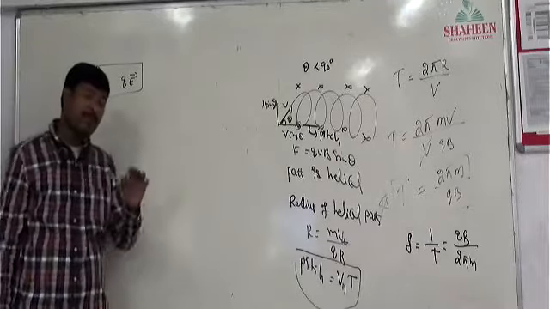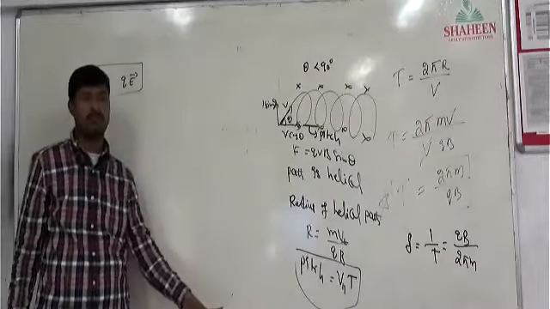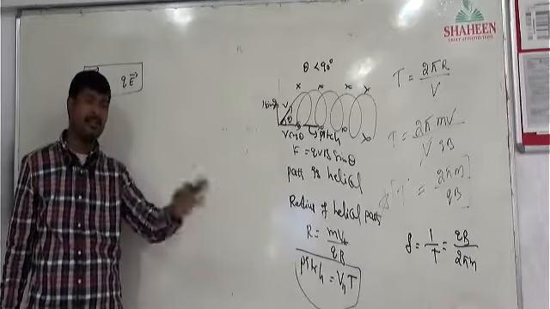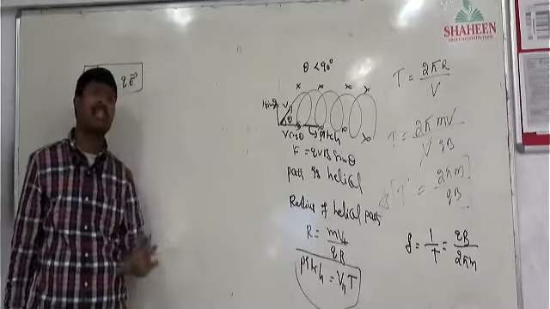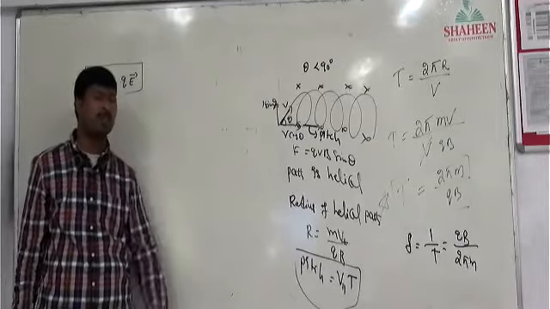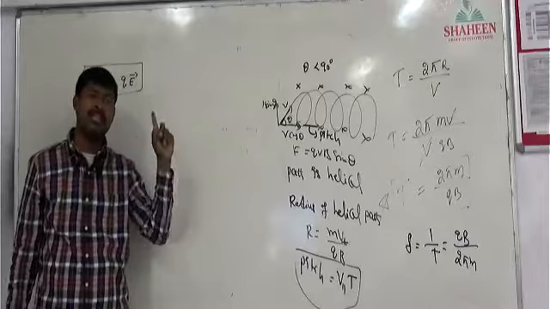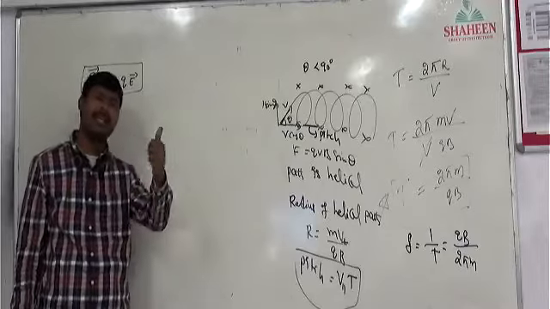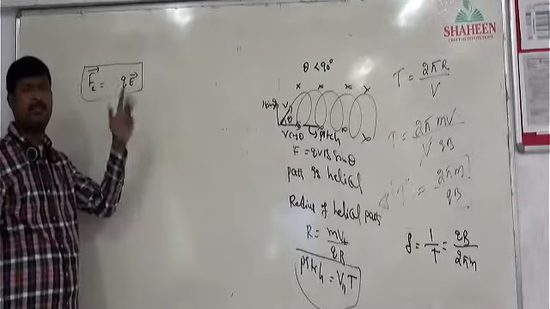That means the electric field definitely exerts some force. Whenever a charged particle moves in an electric field, it will definitely experience some force, at whatever angle it enters, whether 90 degree, 30, 40, any angle.